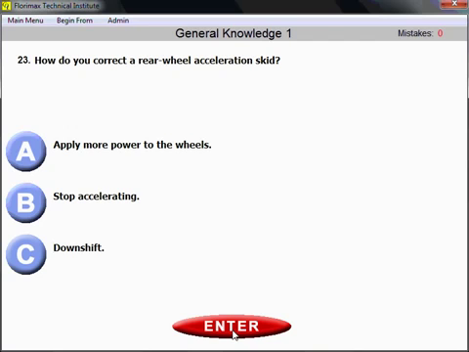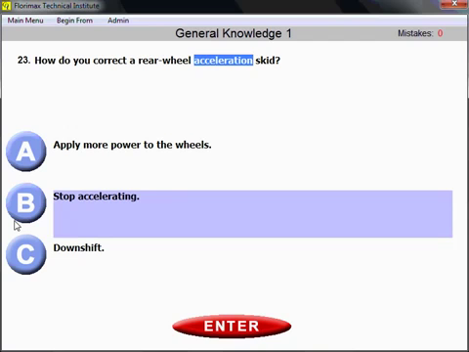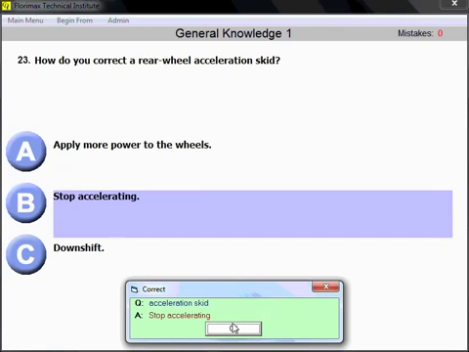So obviously, you need to stop accelerating. If the excessive acceleration causes the skid, just stop accelerating. Again, this is the association: acceleration skid, stop accelerating. Generally, the right answer sounds exactly like this. Stop accelerating, stop braking. It's a safety measure.